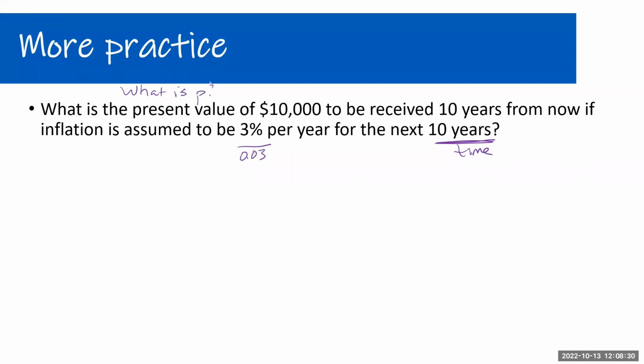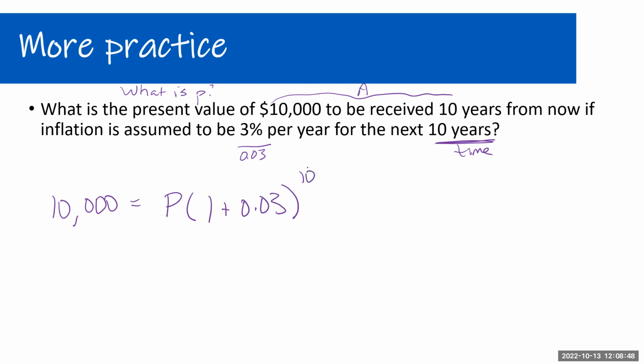Okay. And you know that in the future, you're going to get $10,000. So this is going to be your A. So we can solve 10,000 equals P times 1 plus 0.03 to the 10th.